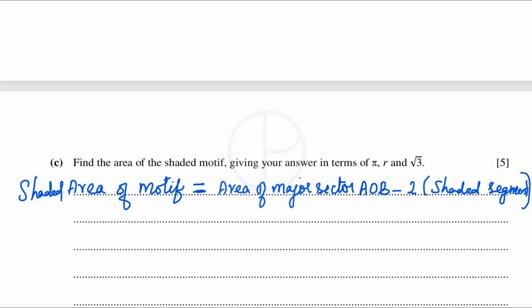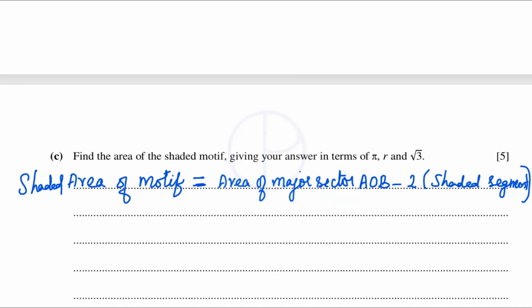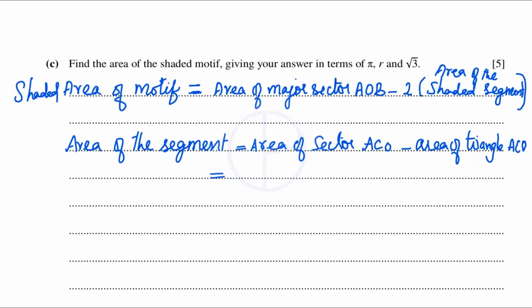The shaded segment is nothing but the area of the sector ACO minus the area of the triangle ACO. So the area of the segment is equal to the area of the sector ACO minus the area of the triangle ACO. What is the area of the sector ACO?